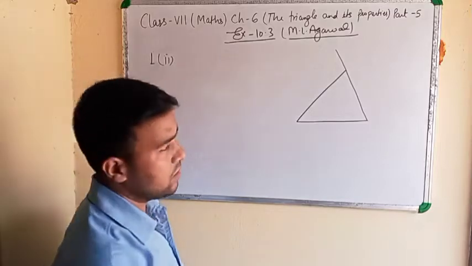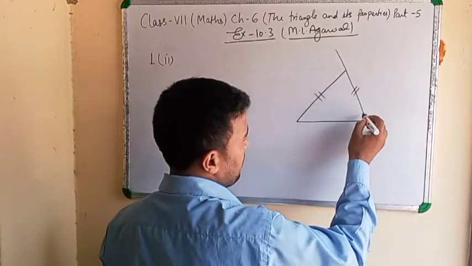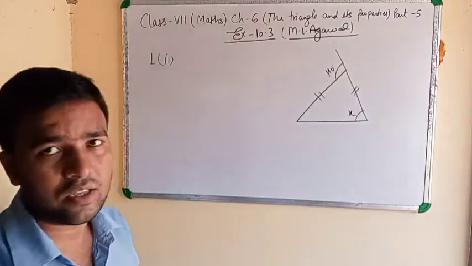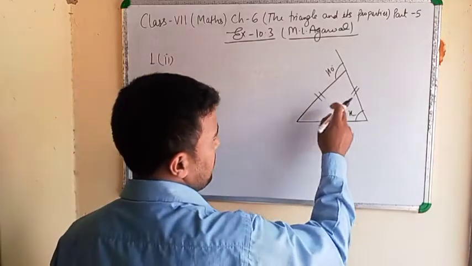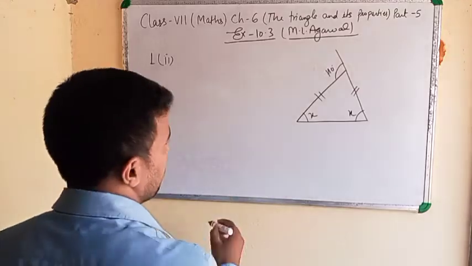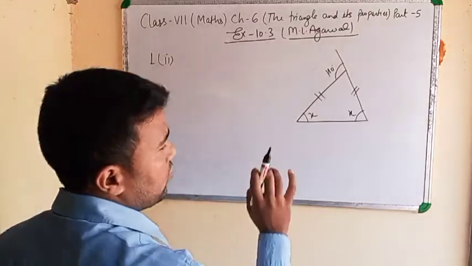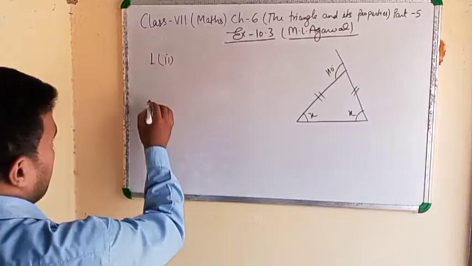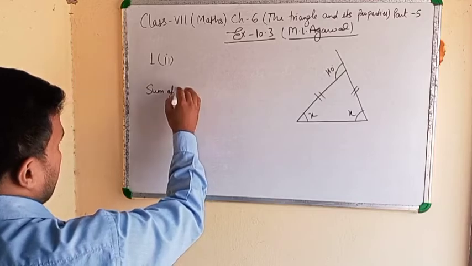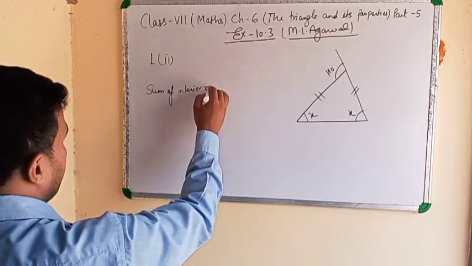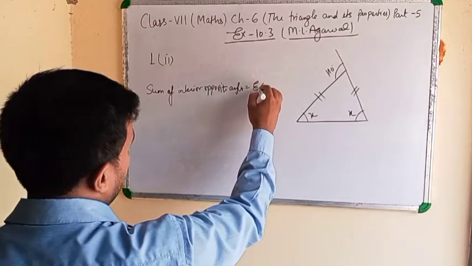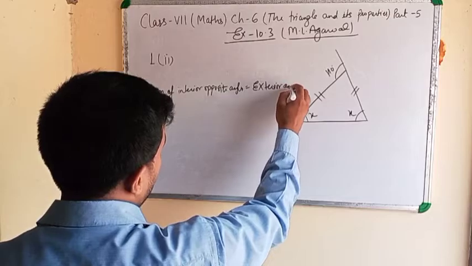It is a triangle. Two sides are equal. There is x and 110 degrees. This side equals this side, so this angle is also equal. I told you the formula: the sum of two interior opposite angles equals the exterior angle.